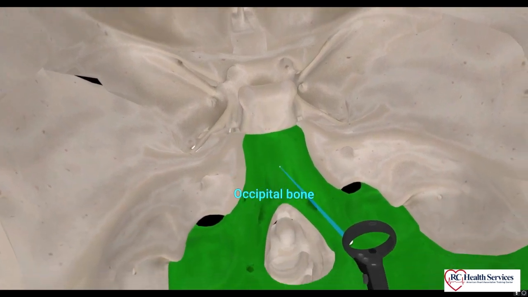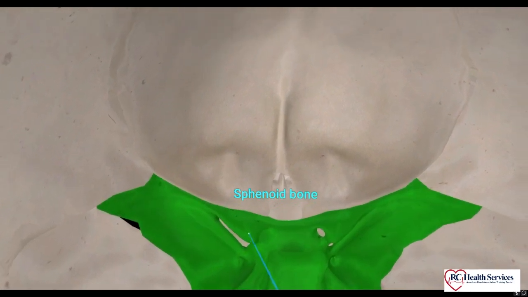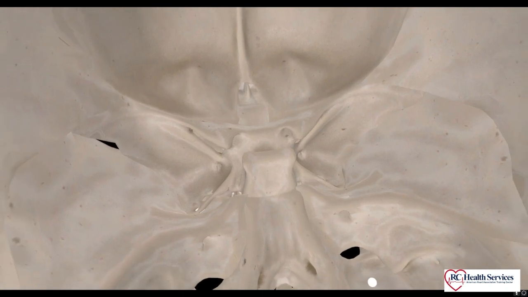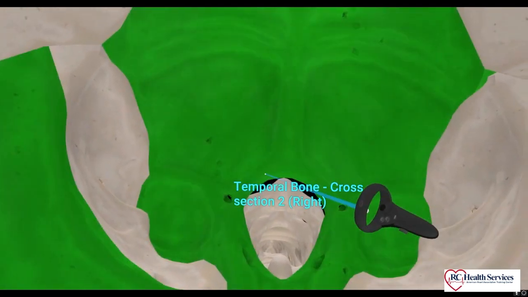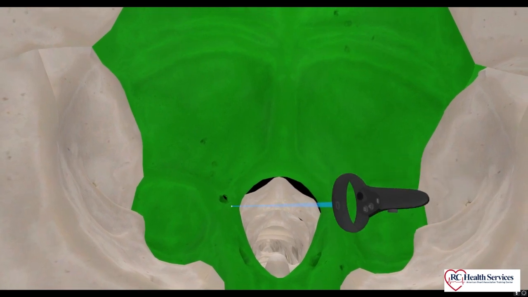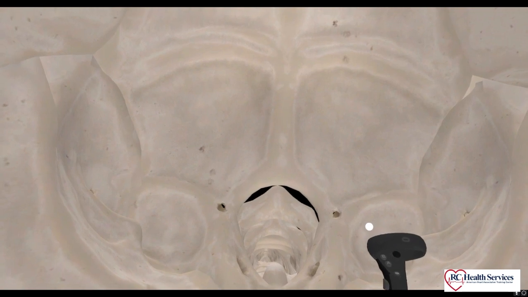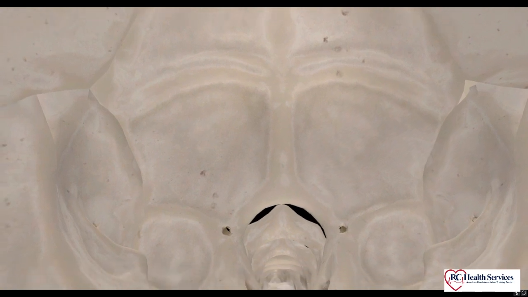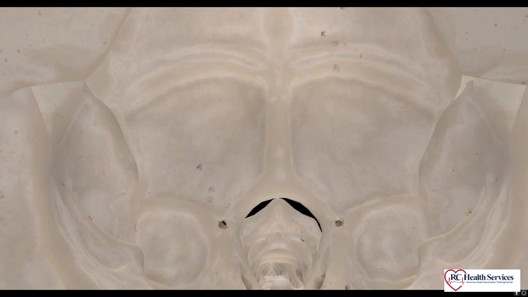This protects a lot of the glands in your brain. And then if you turn downwards, we can get a view of the foramen magnum. That little opening right there is called the foramen magnum. That is where the end part of your brainstem and the spinal column go out.